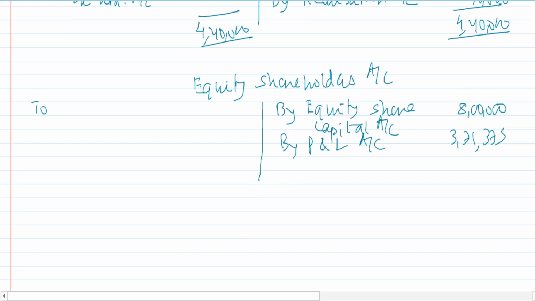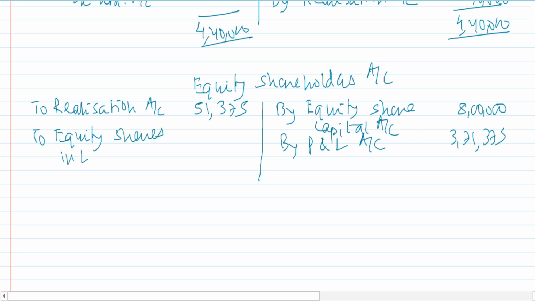So I say to realization account 51,375. We give them equity shares in LK Limited account 10 lakh 56. We also give them cash 64.